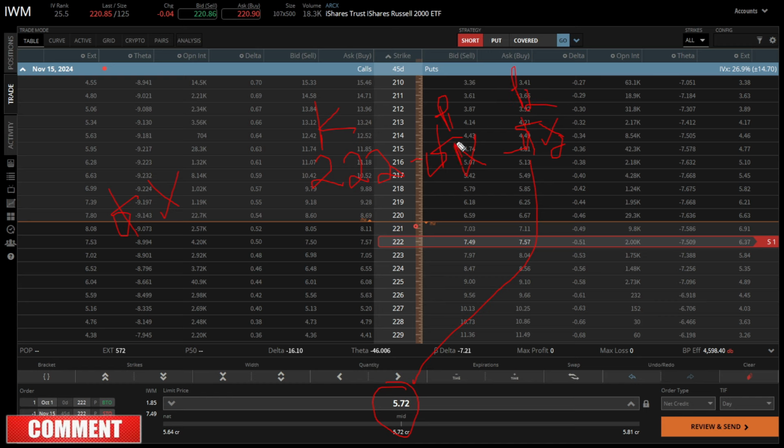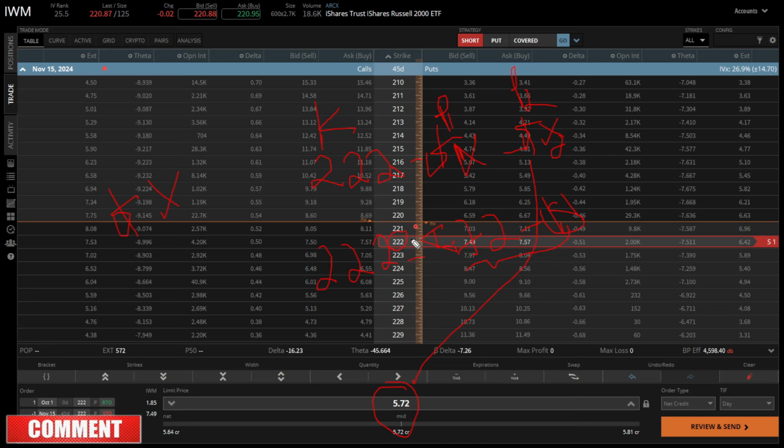So if this thing here was $1, our break even is going to be 222 minus 5.72 minus $1, so $6.72. So we have to subtract $6.72 from 222 to get our break even.